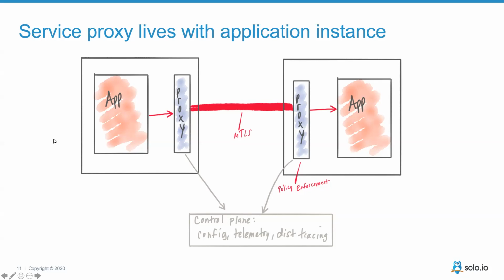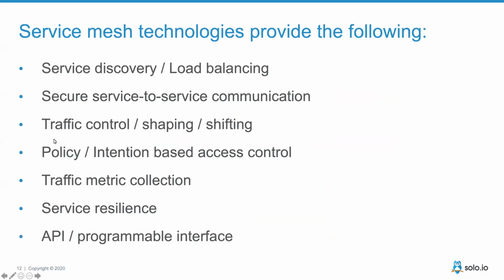So the service mesh technology is a solution to problems that are not new, but the context is different and solves those problems a little bit more elegantly, especially for the service to service communication use cases.